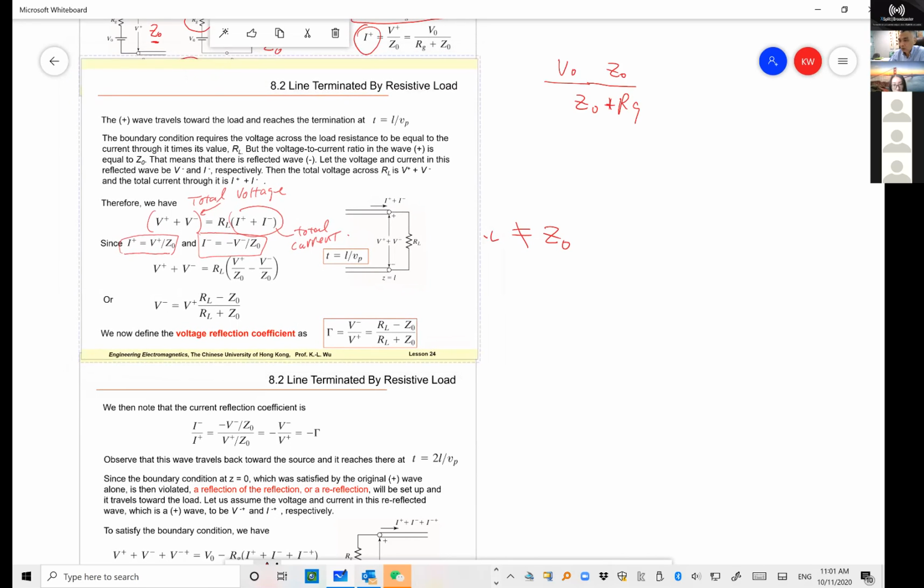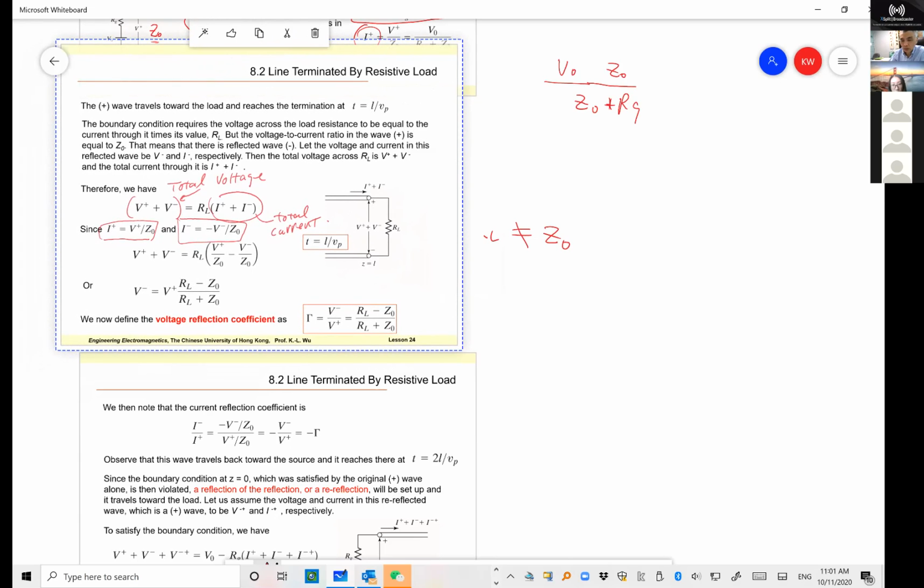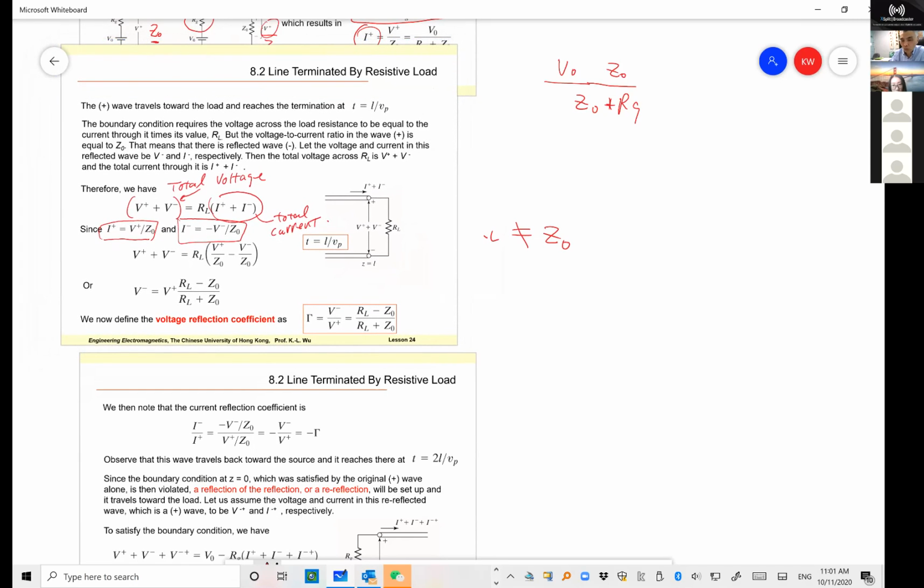We substitute this basic definition into it, replacing the current by voltage, whether positive current or negative current, into this necessary condition we have to satisfy.